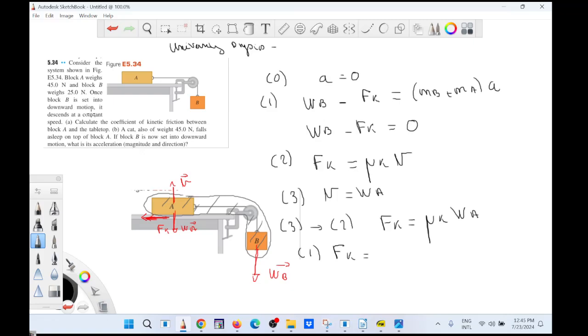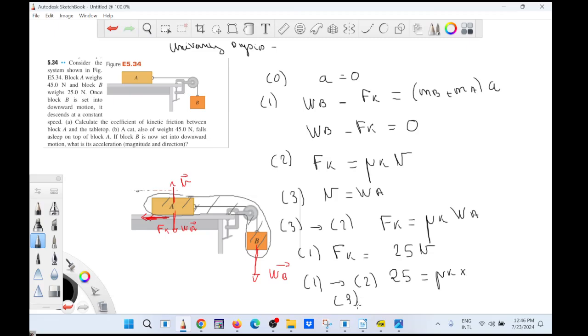The weight of B is 25 Newton. So it's going to be 25 Newton. So that equation here into 2, you see that the kinetic frictional force, 25, equals the coefficient mu k times the normal force.